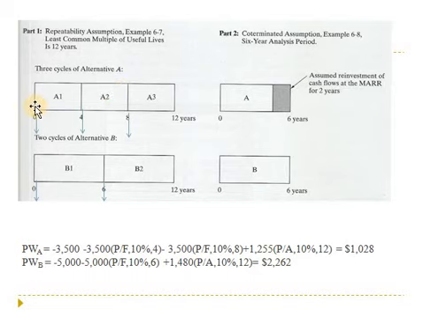The life of alternative A was 4 years and the study period was 12 years. So how many times do I need to repeat A? I need to repeat it 3 times. So I'm going to have an initial investment at year 0, at year 4, and at year 8.